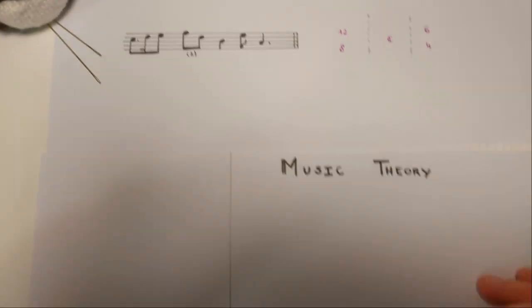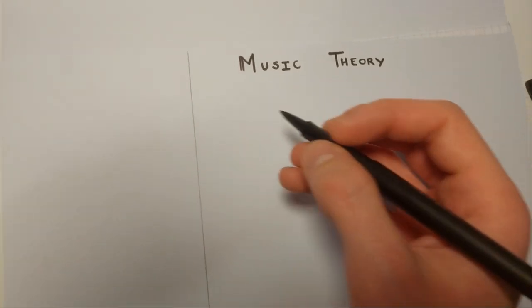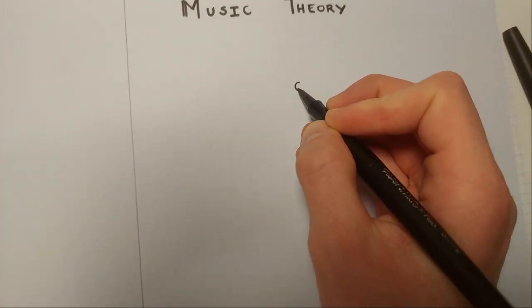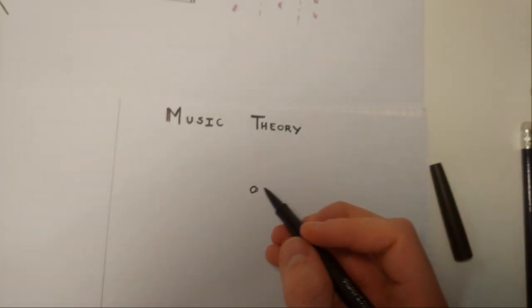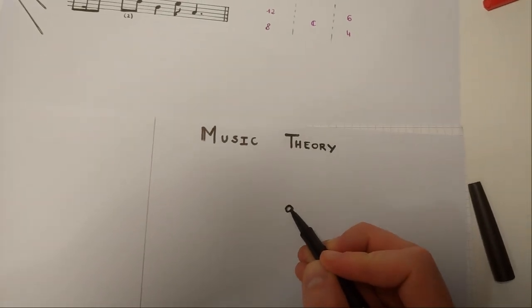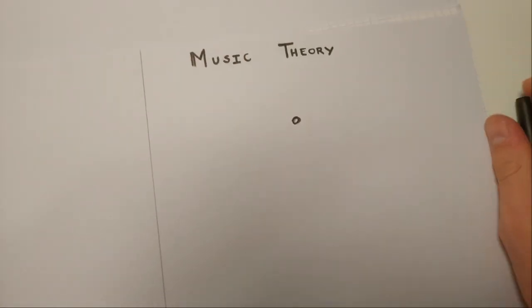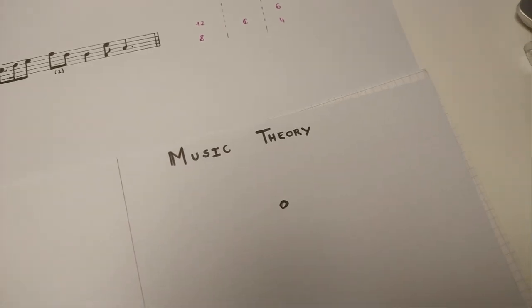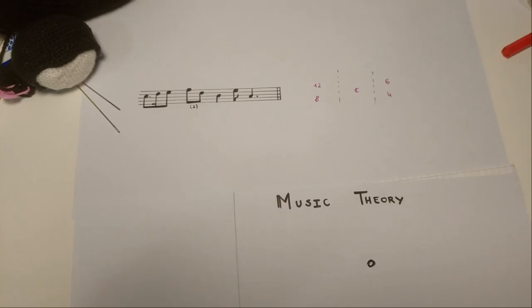Sorry. So let's first see the different notes. So we have the whole note. Let's write it there. The whole note has this kind of circular shape. I'm going to switch. I had another pencil.